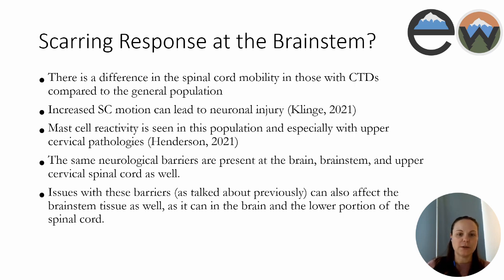We do know, though, that there's a difference in the spinal cord mobility in those with connective tissue pathologies compared to the general population. So, in this article that came out a couple of years ago, what they said too is that this increase in spinal cord motion, especially in these areas, the upper cervical spine, possibly the lower part of the spine as well, in combination with what we talked about before of tissue integrity, right?